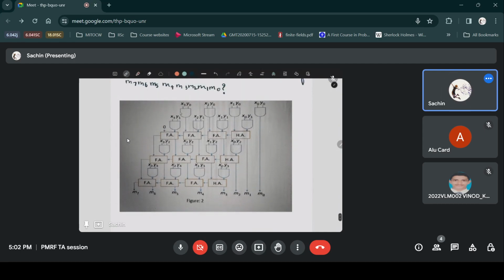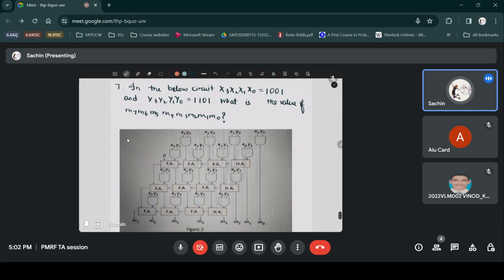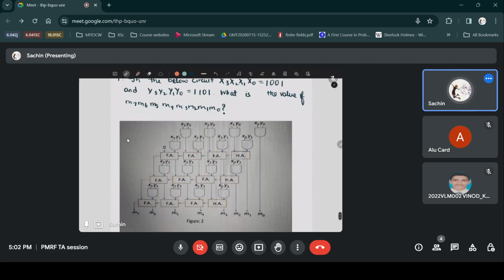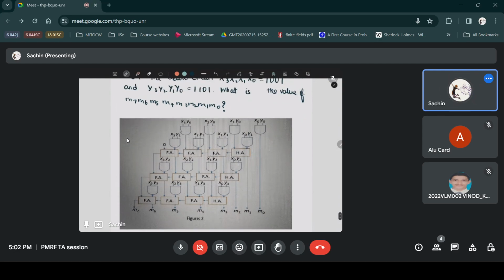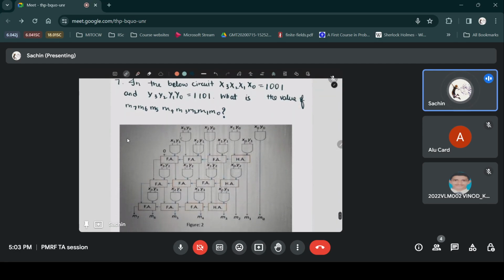So in this circuit, what is the output value? M7, M6, M5, M4, M3, M2, M1, M0. You can go back to lecture and see that this circuit is the same as a multiplier circuit, to multiply two 4-digit numbers, and the result will be the product of 1001 with 1101.